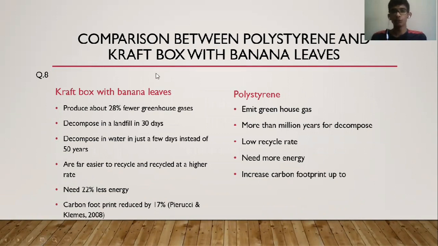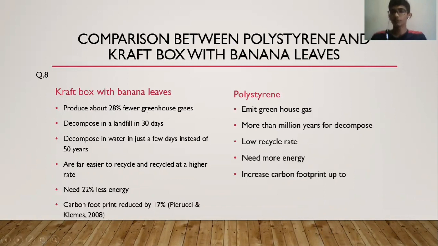Here we have a chart with two columns. They are the craft box with banana leaves and polystyrene. Let's look at the craft box with banana leaves, our alternative. It produces very little, 28%, of the greenhouse gas. It's very little compared to polystyrene. And it decomposes in landfill in 30 days and decomposes in water within a few weeks.